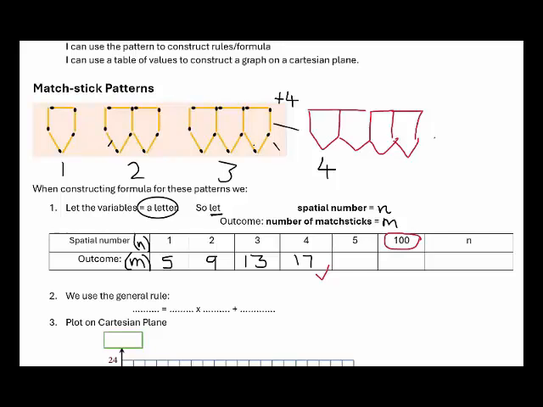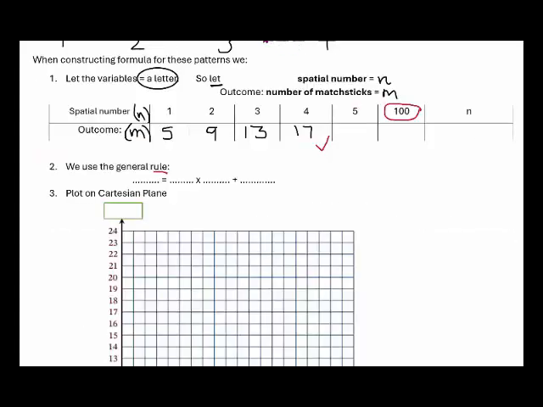Okay, so we need to be able to use a rule or a formula for us to be able to calculate it. So the way we go about it is, we've already determined that we are going up by 4s, aren't we? So that means for every spatial pattern, I need 4 more matchsticks.